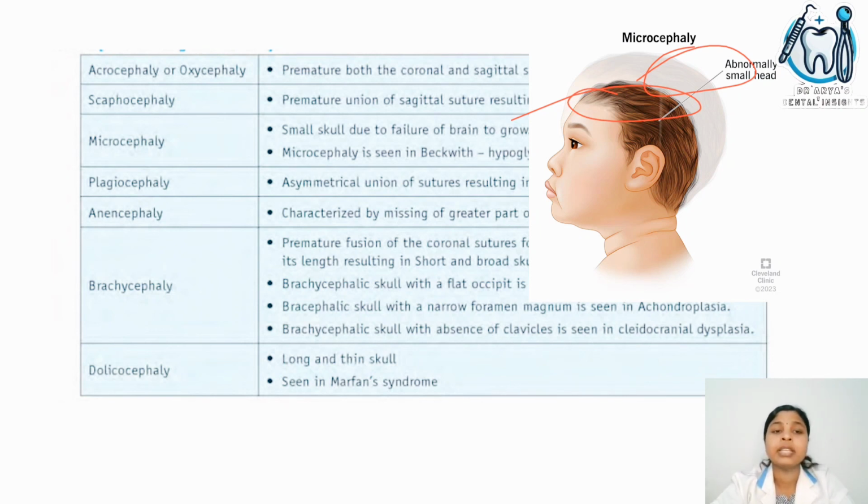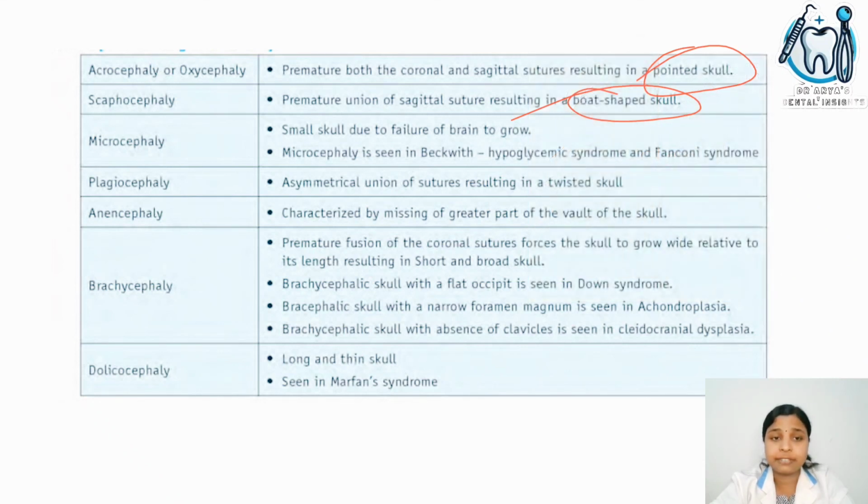The next is the plagiocephaly, asymmetrical union of sutures resulting in a twisted skull. Microcephaly, here it is small skull and is seen with Beckwith-Wiedemann syndrome and Fanconi syndrome. Then anencephaly, characterized by missing of greater part of the vault of the skull.